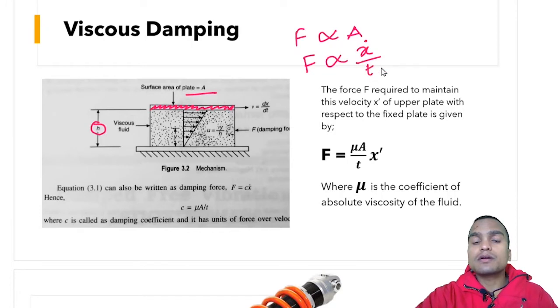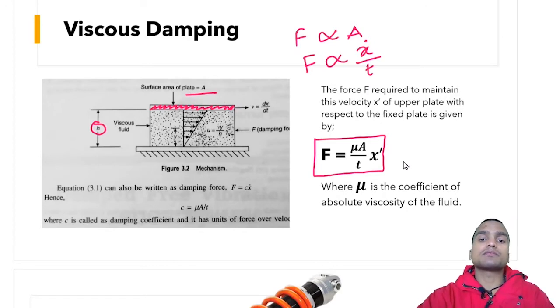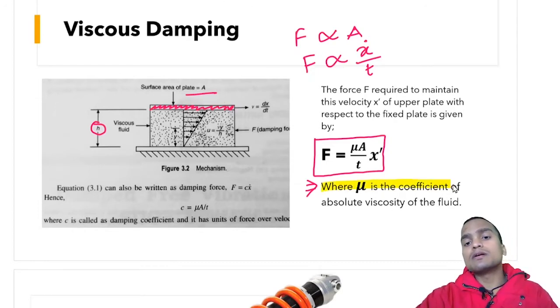So this is how the force is proportional here, and we can write the magnitude of force F equal to mu times area into velocity by height. Here we have used a constant mu, and this mu is the coefficient of viscosity of the fluid. Mu is a very common coefficient value which you can find for any fluid.